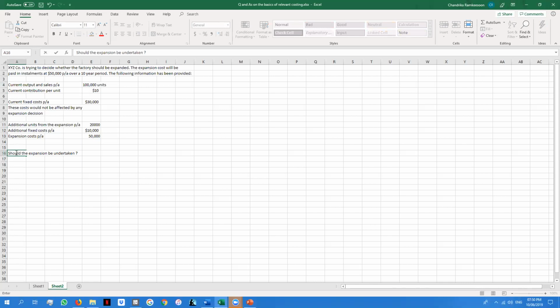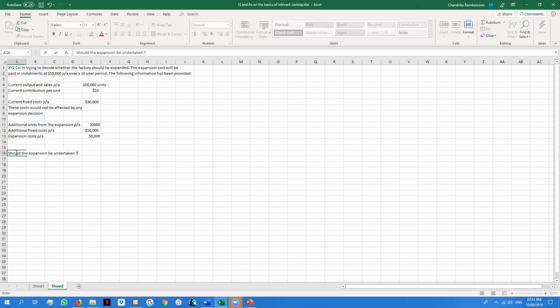It's not necessary to consider any costs or revenues which will remain the same as a result of the expansion, which means we don't need to consider the existing 100,000 units, because it is assumed that that is going to remain the same per annum regardless of whether the expansion takes place.